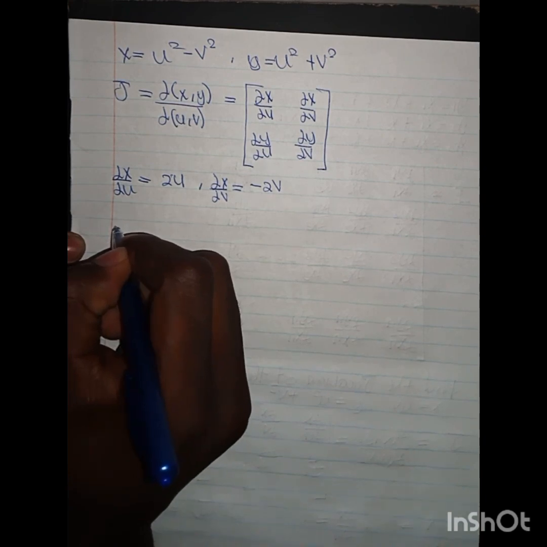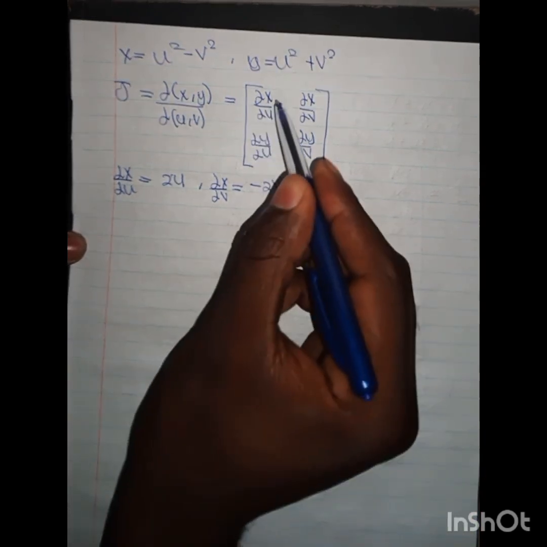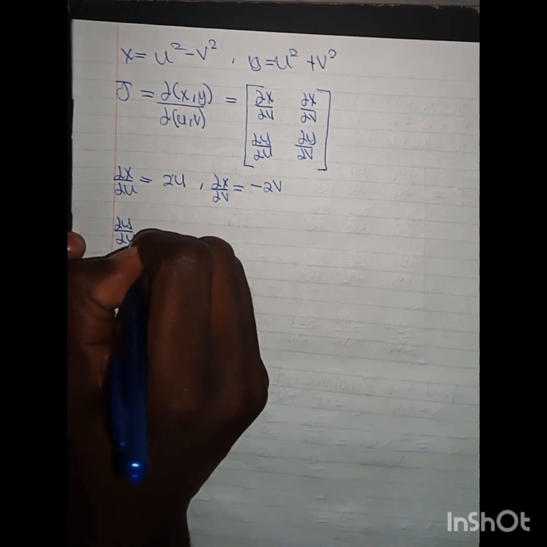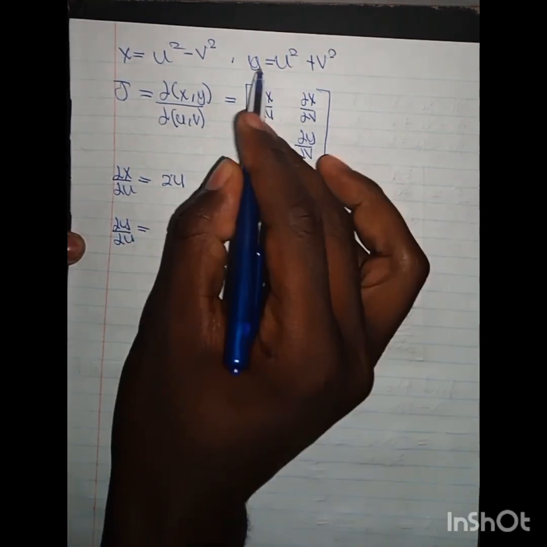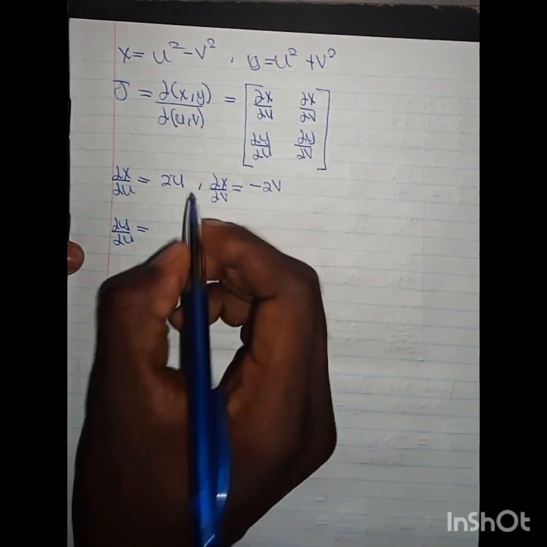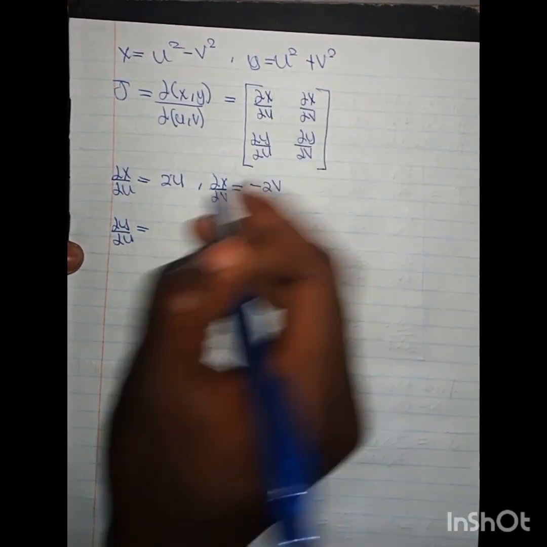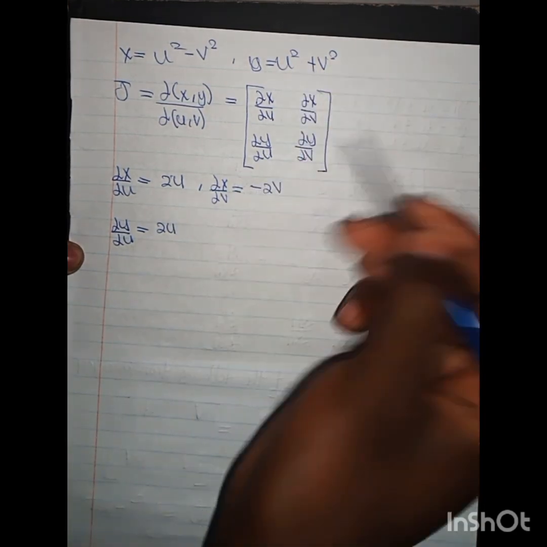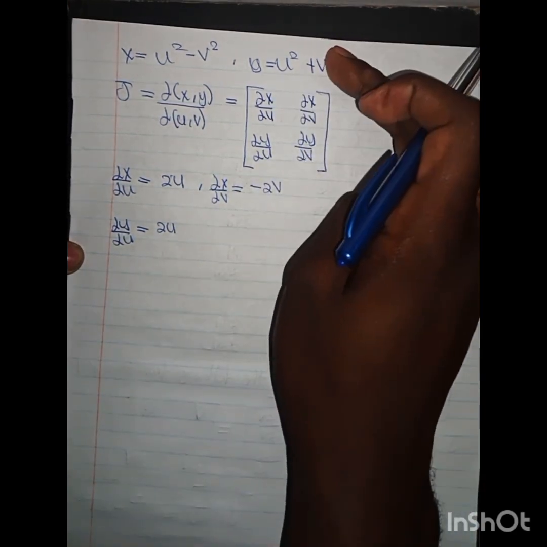And then again we also have to find dy/du. dy/du will be found from this equation. When we differentiate this equation with respect to u, this is 2u. V squared is just a 0 because now we treat it as a constant.